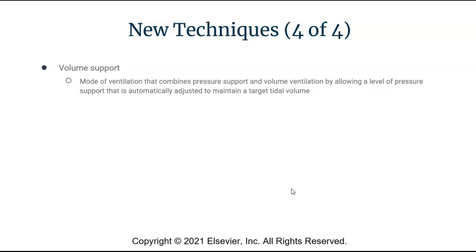But it has the same problem that PRVC has, where if you have an excessive reduction in airway pressure when the patient's making an effort, that's going to then increase that patient effort moving forward. So the same thing like what we did when we were looking at PRVC.